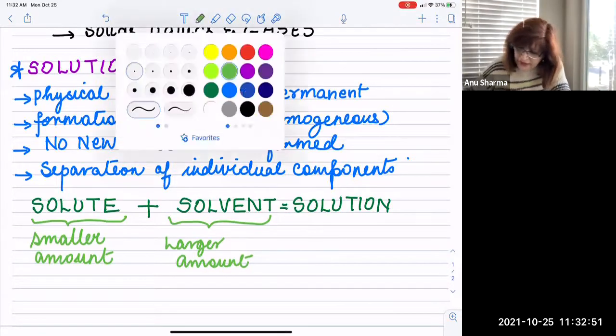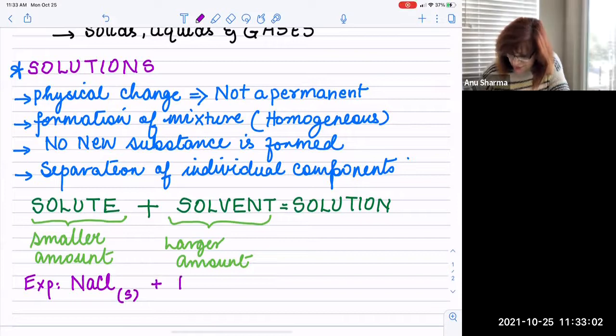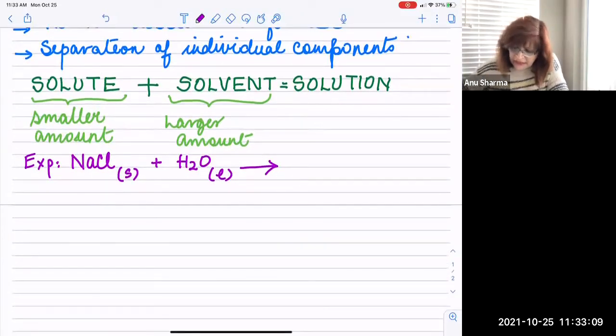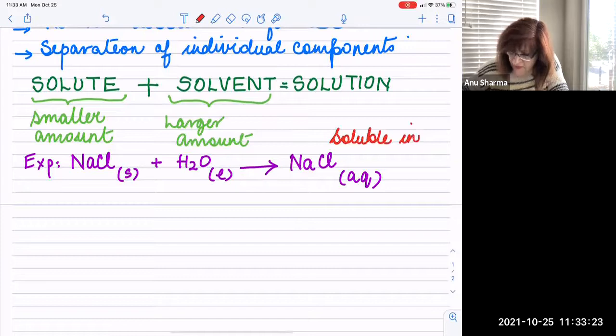Now let's look at some examples. An example here is sodium chloride. Sodium chloride is a solid, table salt. When you mix it with water, H2O, which is a liquid, pay attention to the states also, it gives you sodium chloride, aqueous, meaning it is soluble in water.